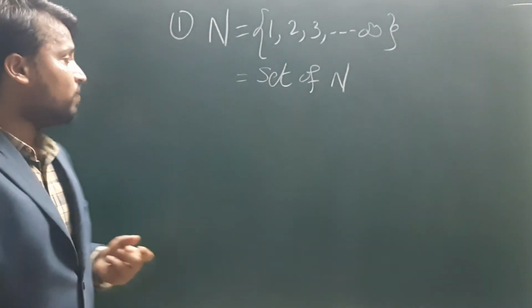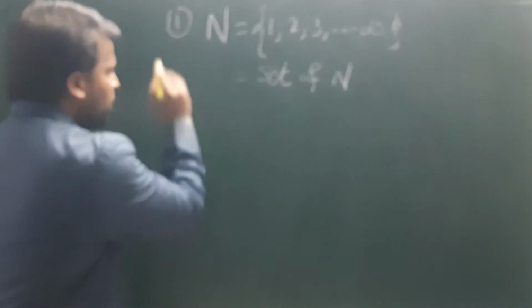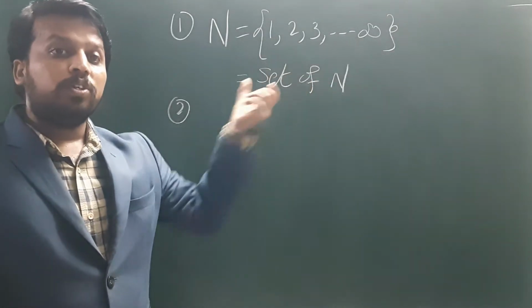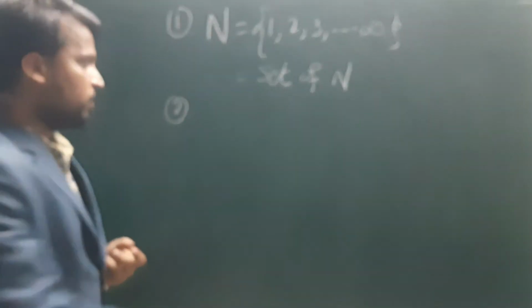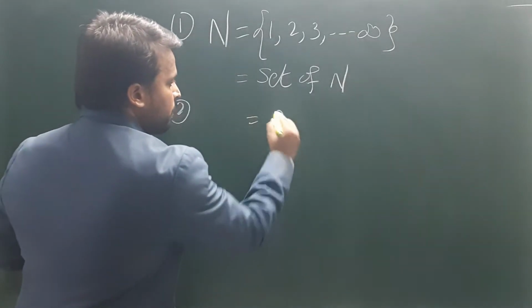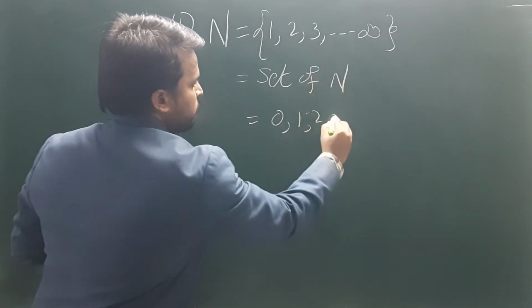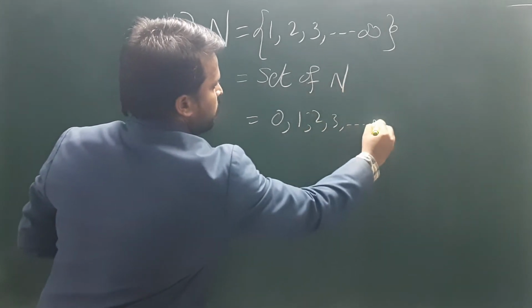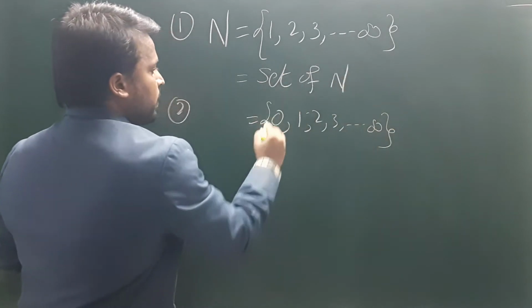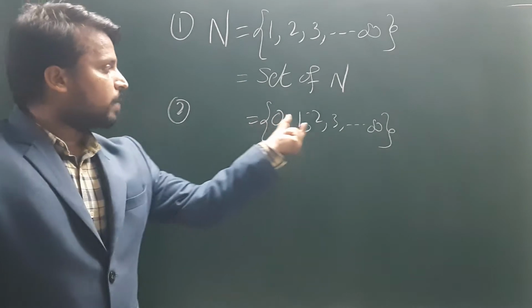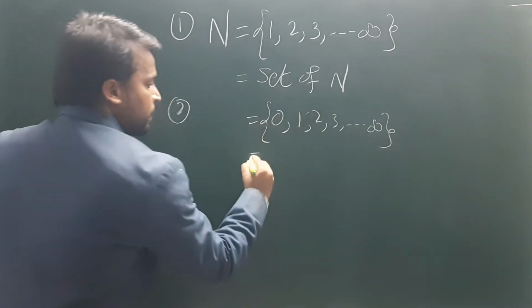Next, the second one: for the same natural numbers, if we add 0, that is 0, 1, 2, 3 and so on up to infinity. All these numbers together form one set.